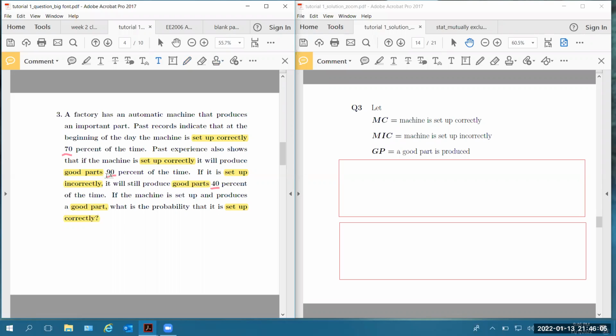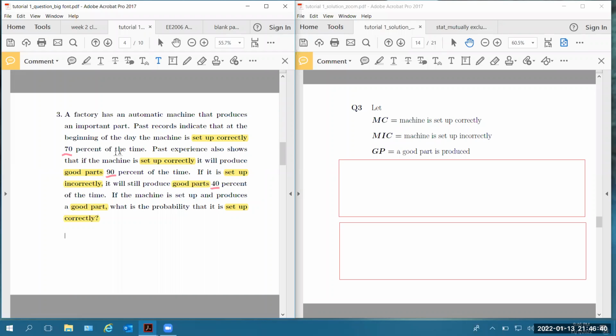Maybe I write it here, below the question. So everybody look at the question. I'm going to write down these numbers. To be careful, we look through every sentence. You don't jump here and there, in case you miss one. The first sentence actually has no number. The second sentence has a number: past records indicate that at the beginning of the day, the machine is set up correctly 70% of the time.